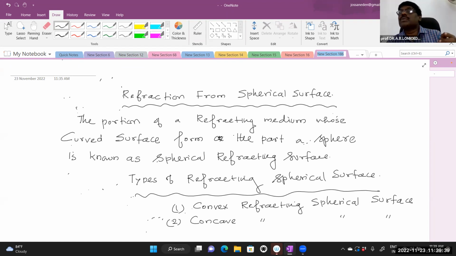The sign convention used in this topic is similar to the sign convention used in the mirror.